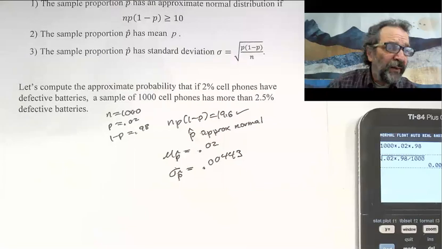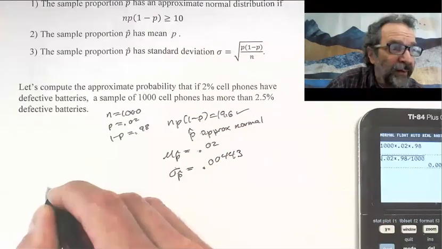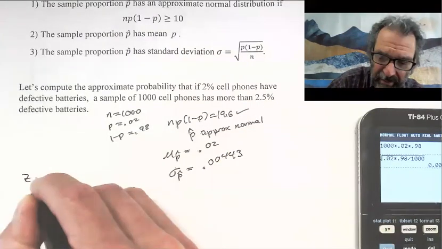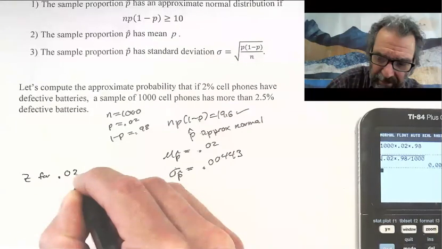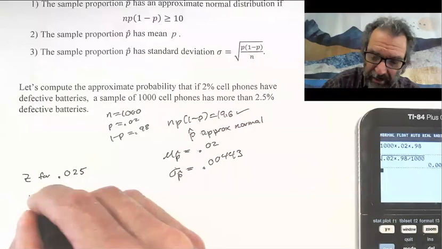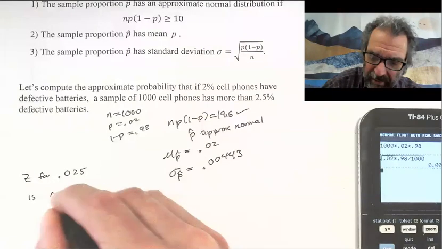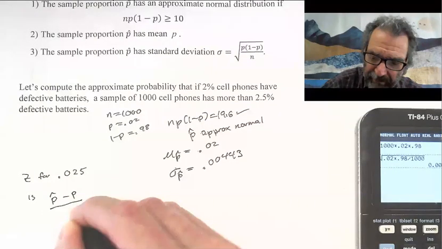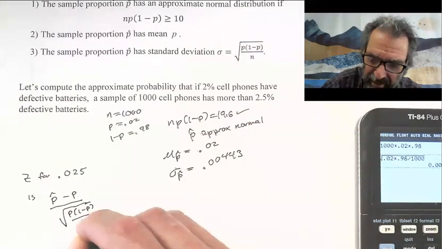And then all I have to do is compute some z's. I just need it for 2.5%. So I'll write it here. Z for 0.025, which is 2.5%, is, so you take p hat minus p over the square root of p(1 minus p) over n.